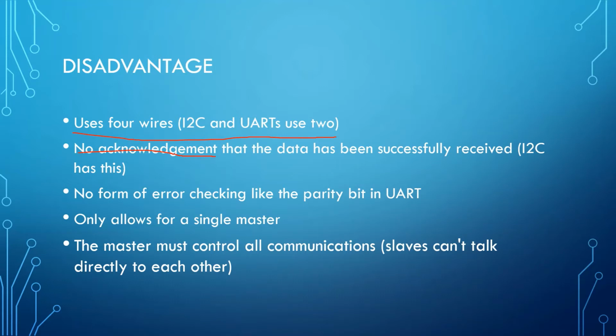It also only allows a single master. This is another disadvantage, because only the master can select the slave to communicate with, the slaves have no authority to start communication, and two slaves cannot communicate with each other. The master must control all communication, as we see.